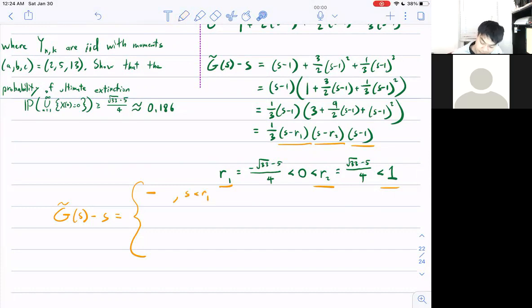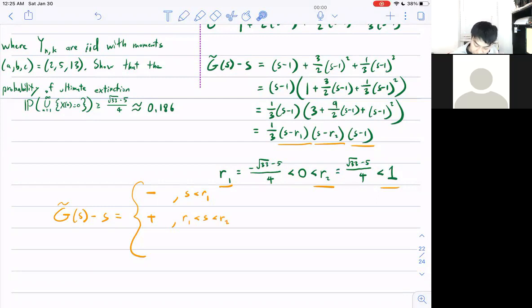Why? Because then I have negative times negative times negative, which is negative. If S were to be between R1 and R2, then this expression would actually be positive. Why?